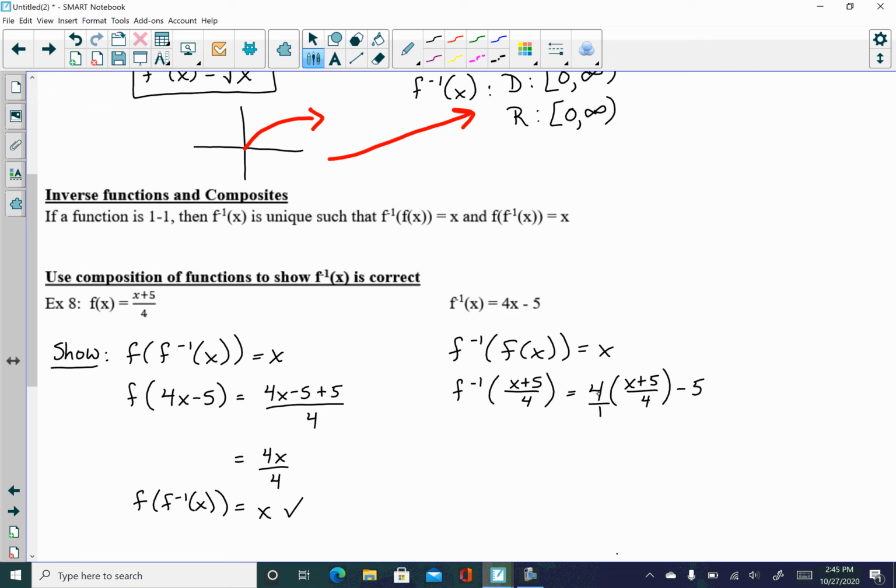What would happen to these 4's? Cancel out, right? That leaves me with x plus 5 minus 5. What happens now to your 5's? They also cancel out. And now you've shown that f inverse of f of x also equals x. You have to show both to indicate that they are true inverses of one another.